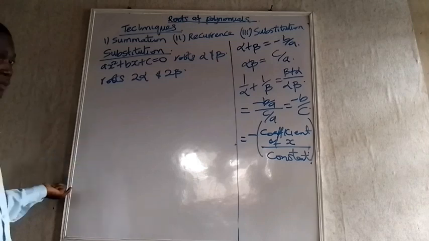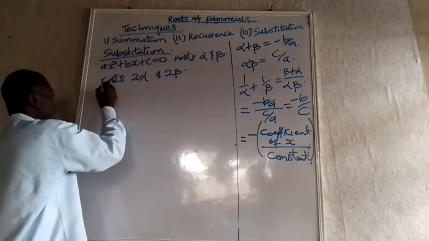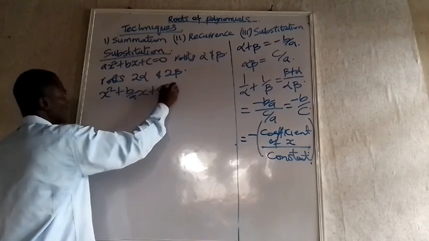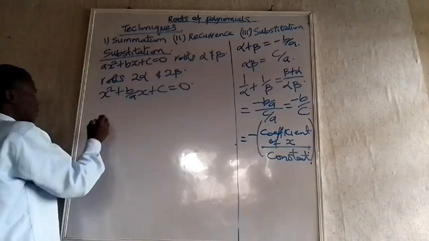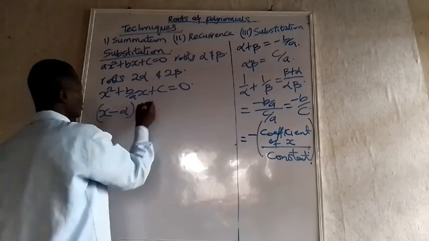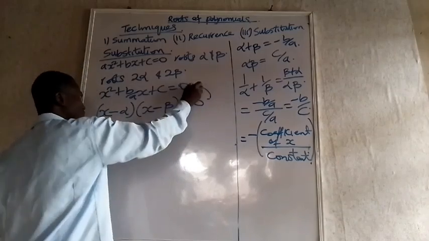The main way we write our quadratic equation is x squared plus b over a x plus c over a equals 0. And how do we form it? x minus alpha into x minus beta equals 0. So that's what gives this.